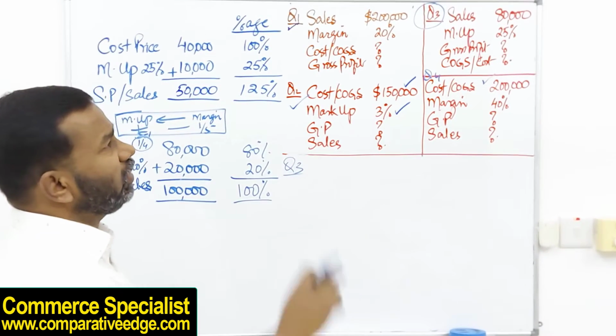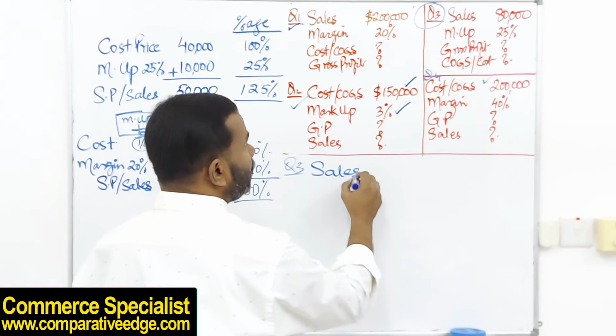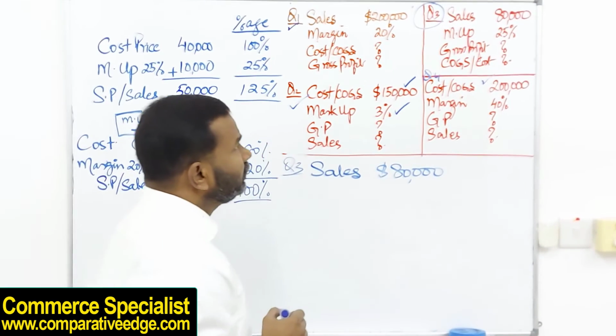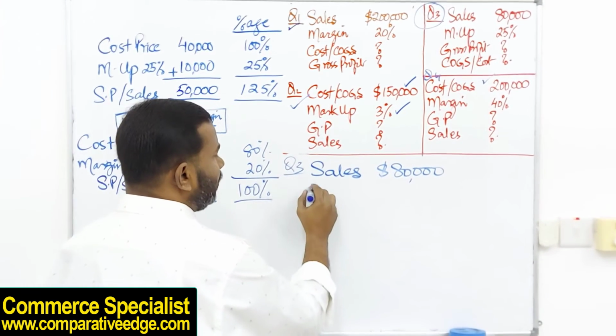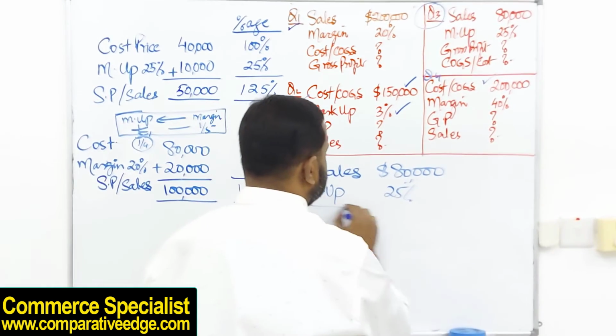You are given sales and you are given markup. So sales is given as $80,000, and you are given markup of 25%. Now what to do?